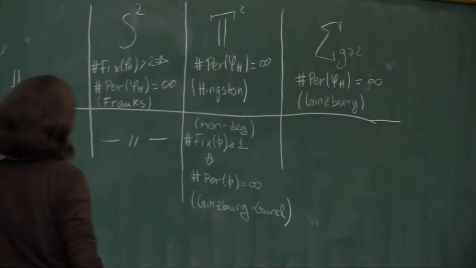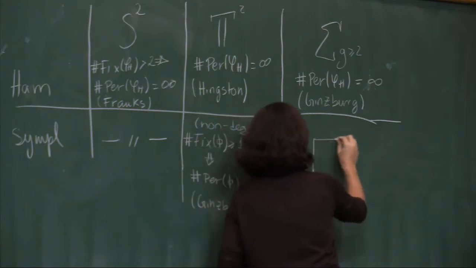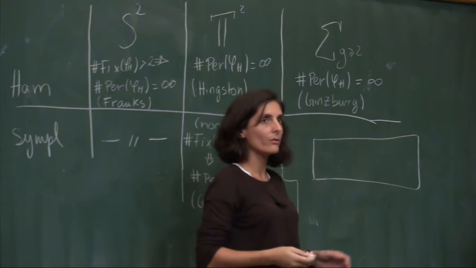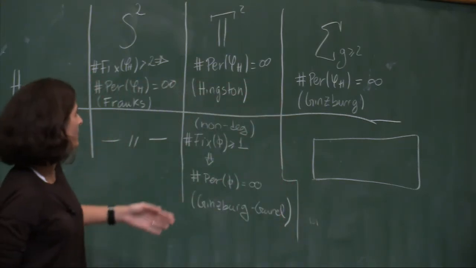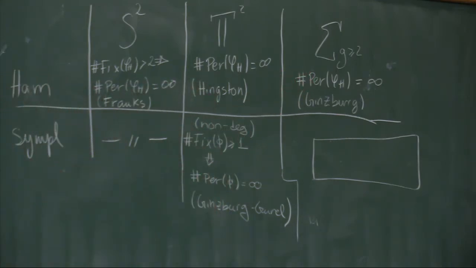Now that we have all this, I want to tell you something about this part. Under which conditions can we say that a symplectomorphism defined here has infinitely many periodic points? Before I do that, I'll give you a construction, and you'll see why.